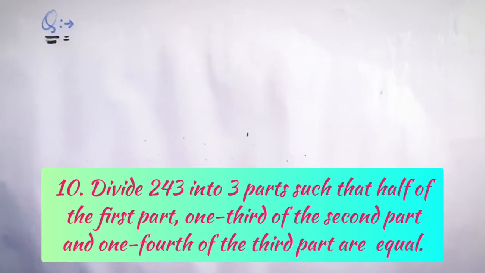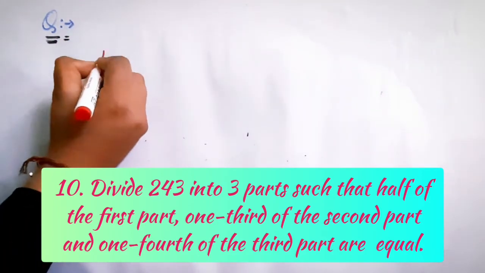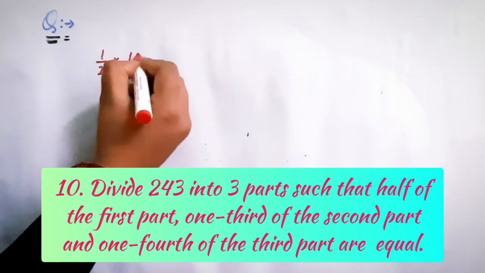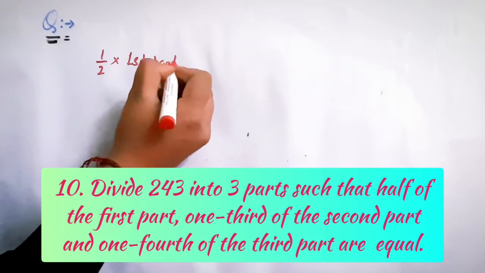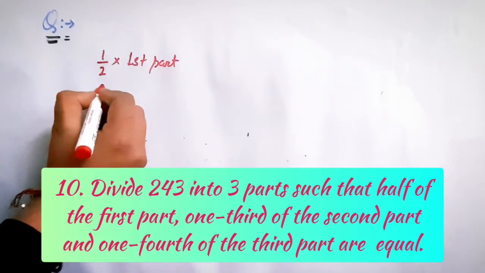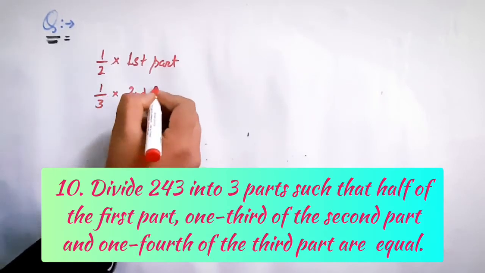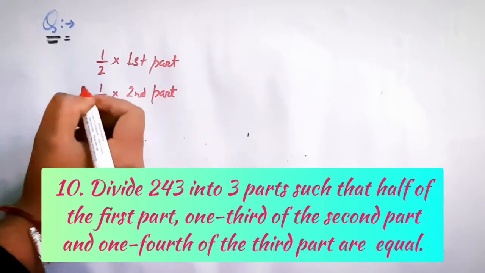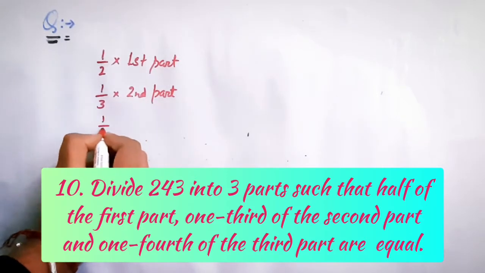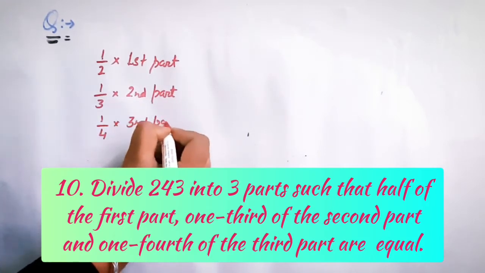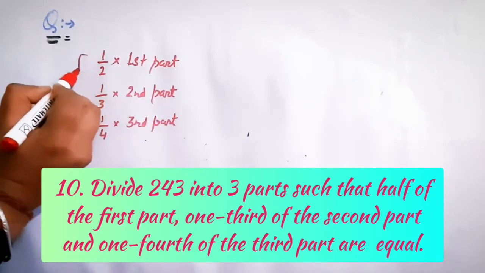My first question is: divide 243 into 3 parts such that half of the first part, 1/3 of the second part, and 1/4 of the third part are equal. Means these three are equal.